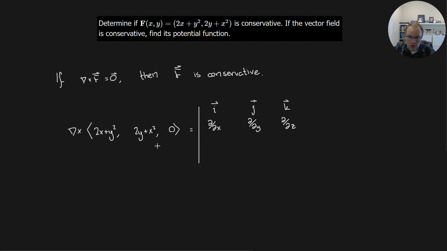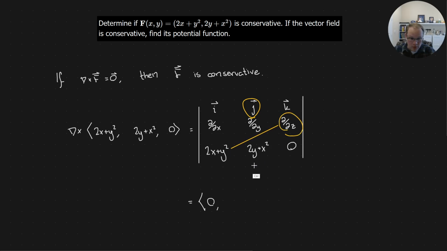The last row is the vector field itself: 2x plus y squared, 2y plus x squared, 0. Okay, so for i I get 0, and then partial derivative with respect to z. There's no z's in here, so that's also 0. Okay, so i is 0. j, same thing. Derivative 0, 0.